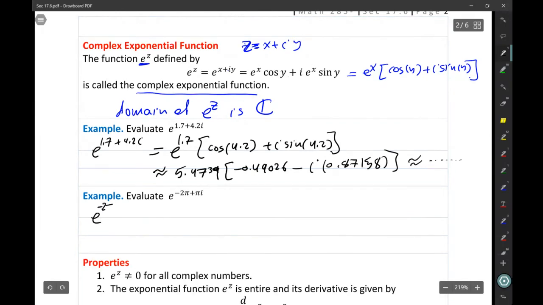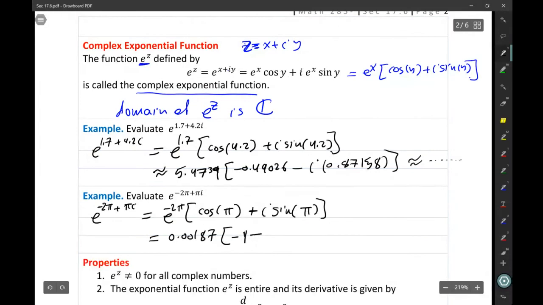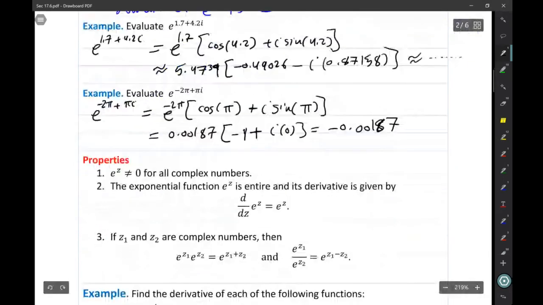Minus 2 pi plus pi i is equal to e to the power minus 2 pi times cosine pi plus i sine pi, which is equal to 0.00187 times cosine pi, which is minus 1, plus sine pi, which is 0, times i, which is minus 0.00187. It's just a matter of simple calculations.